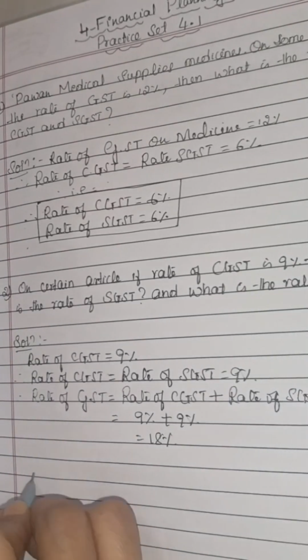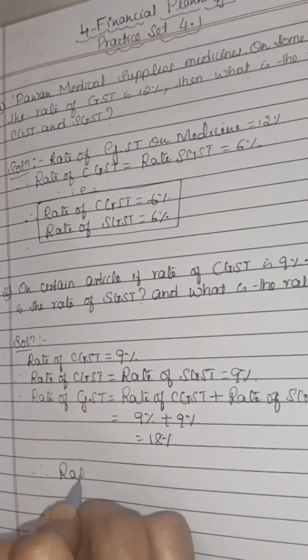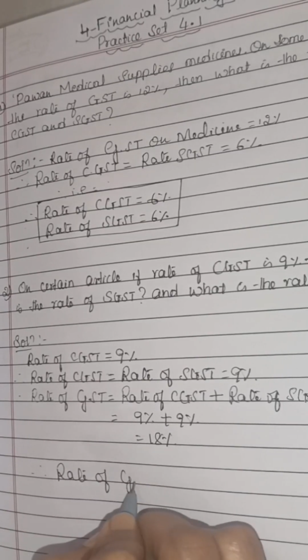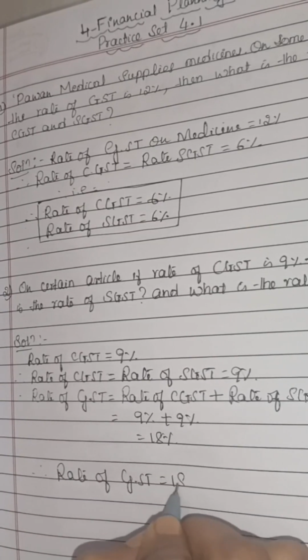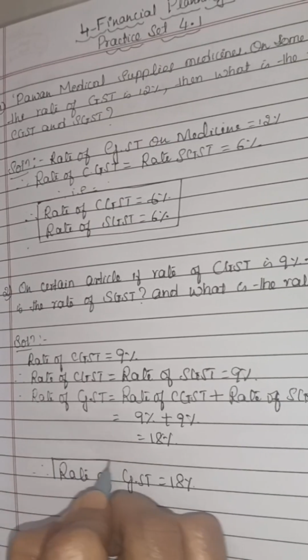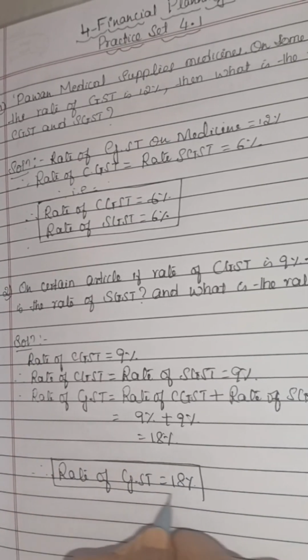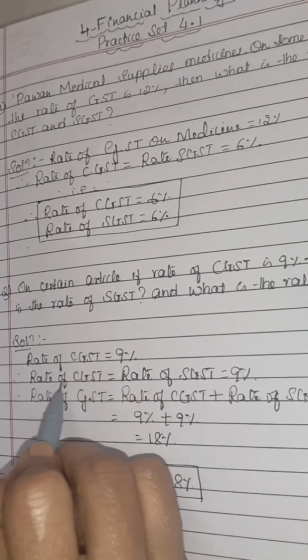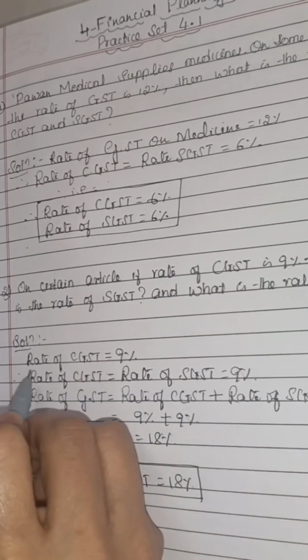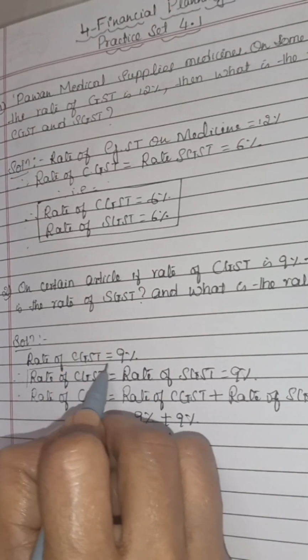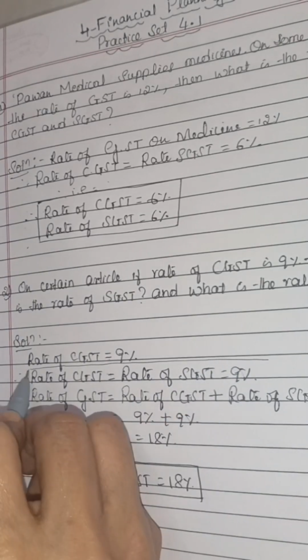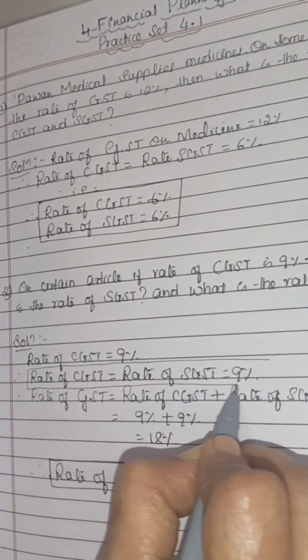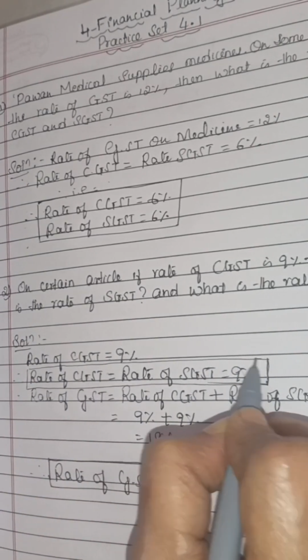Therefore, rate of GST is 18%. This is the answer. And this is the rate of SGST. Here also you can put it like this because this is the question.